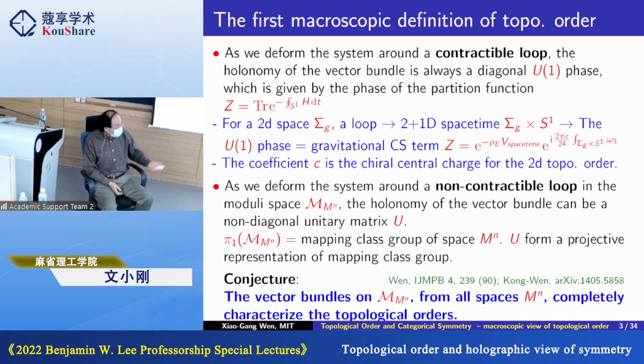And so the original version of the conjecture is that we have to consider all possible space manifolds, like in 2 dimensions, not only the torus, but genus 2 Riemann surface, and so on. So actually, we studied the genus 2 Riemann surface. We find the mapping class representation of genus 2 Riemann surface for this counterexample. They indeed have different mapping class representations. So we need to go to some more complex states.